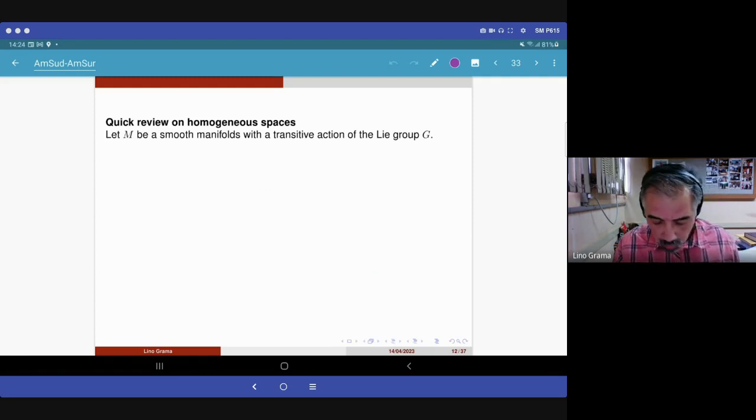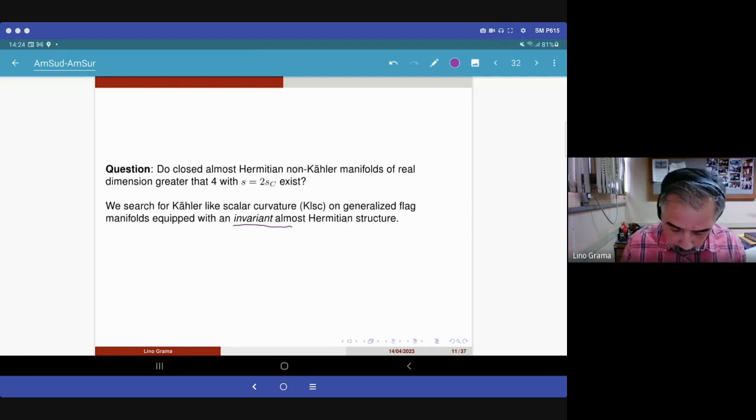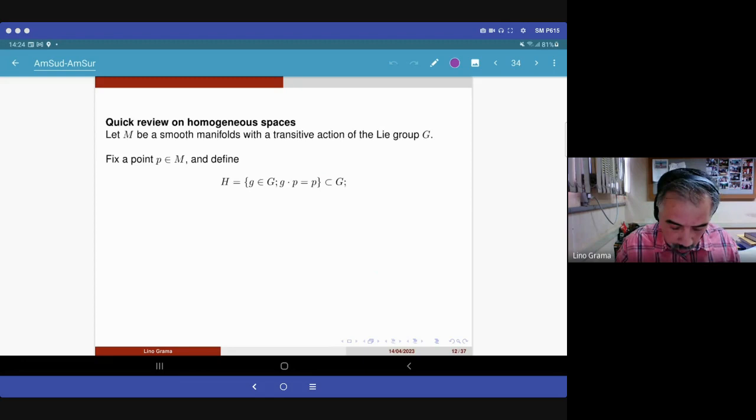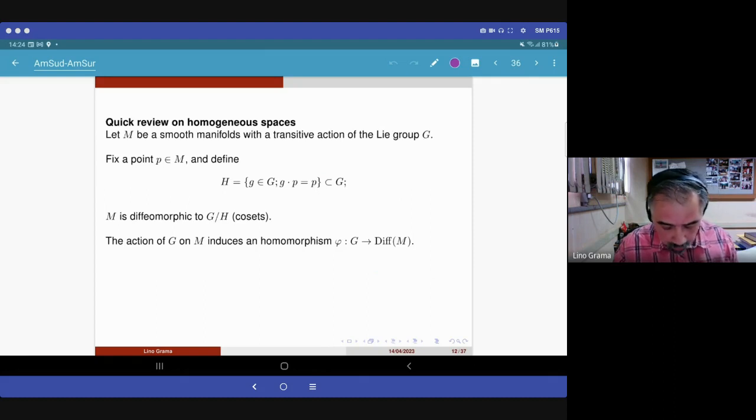Okay, let me now describe a little bit these generalized flag manifolds very quickly, just to fix some notation, and start with a quick review of homogeneous spaces. We start with the manifold M with a transitive action, and I fix a point P and consider H the isotropy subgroup, and M is diffeomorphic to this coset space. And the action of G induces a homomorphism.